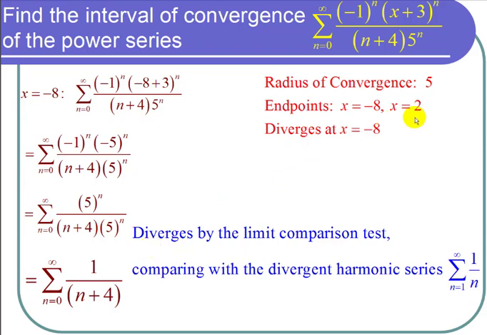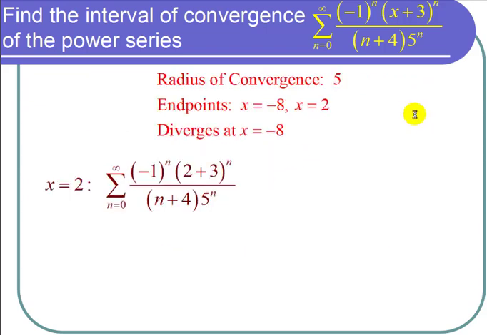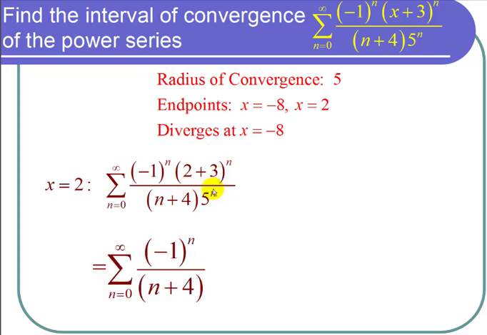Now let's work on the right endpoint, x equals 2. So I plug in x equals 2, and I get -1 to the n times 2 plus 3 to the n over n plus 4 times 5 to the n. Well, 2 plus 3 to the n is 5 to the n, and the 5 to the n's cancel. And I'm left with the alternating series, -1 to the n over n plus 4.